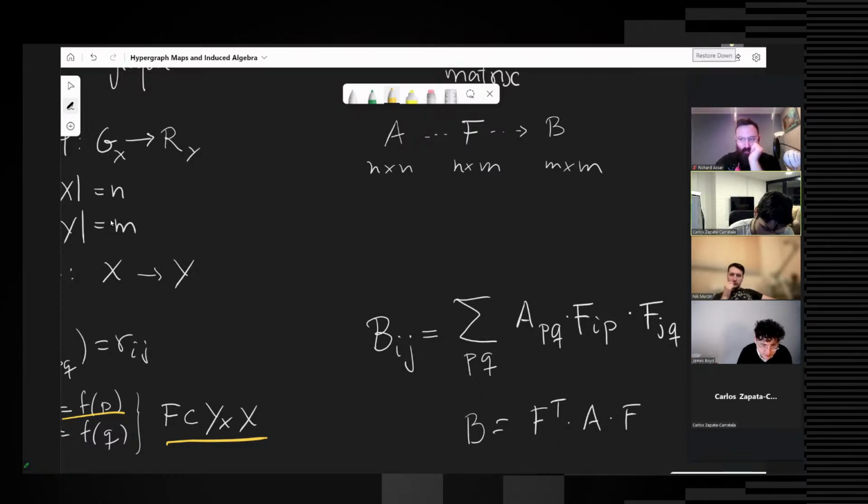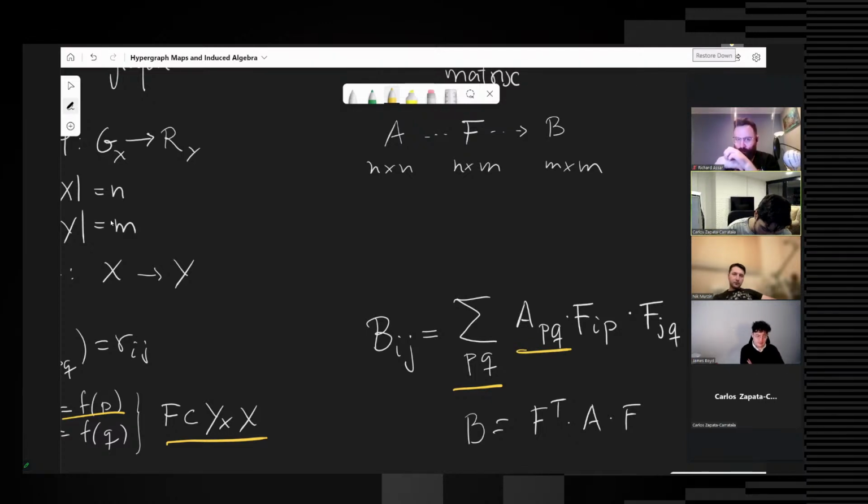First of all, I need to run over my vertices p and q, because these are generic vertices on A. The answer to whether there is an edge between i and j needs to be yes if some of the edges from my source graph are mapped into it. So how do you express that? First of all, you check for all edges in your initial graph. That is, check existence over p, q for A_pq, right? That's saying I'm going to check all my edges.